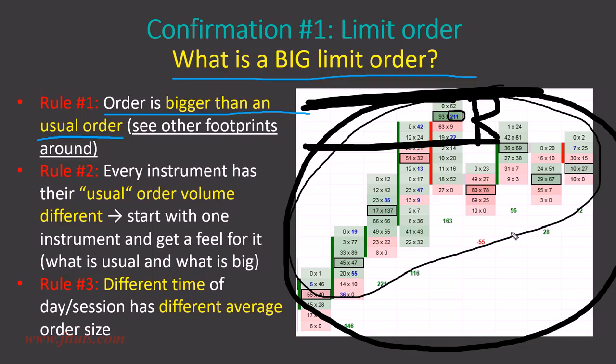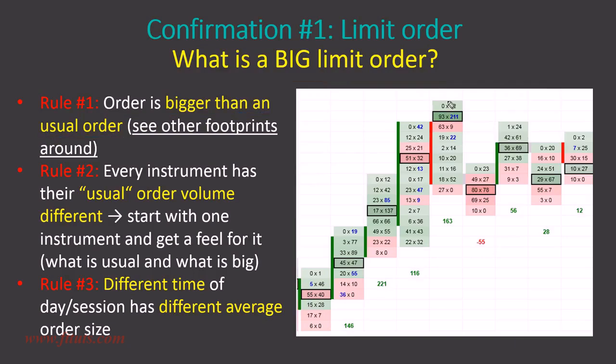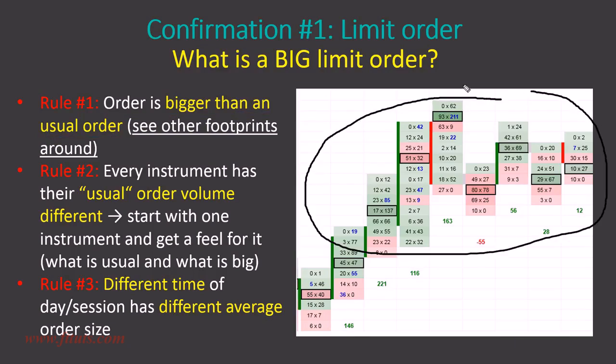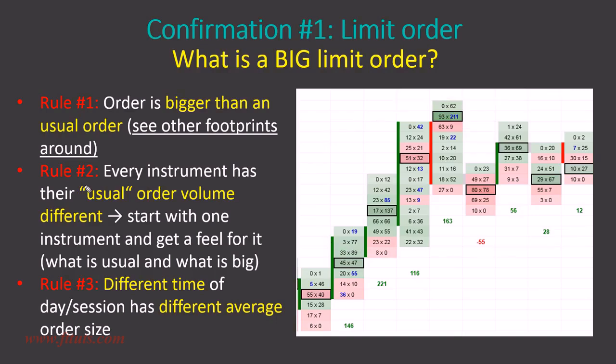So this is how you can tell that it is an unusually big number, because it is bigger than any usual order in this area. So it's always best to compare with the other footprints in this area. If the number is way above average, then you can consider it a huge limit order placed by a big player.